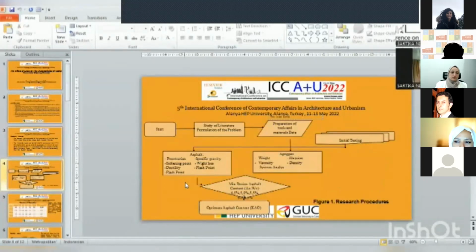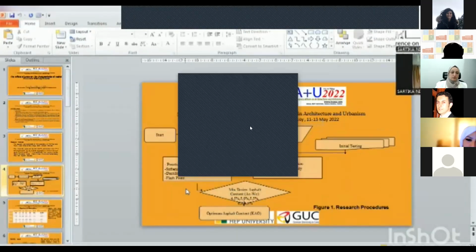The stages in this research are first the study of literature, formulation of the problem, then preparation of tools and material data. We did the initial testing of asphalt and aggregate.